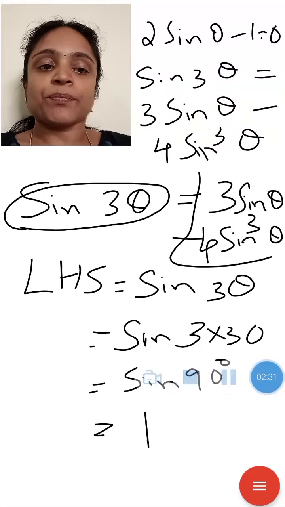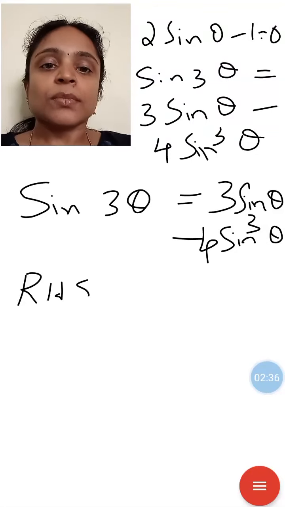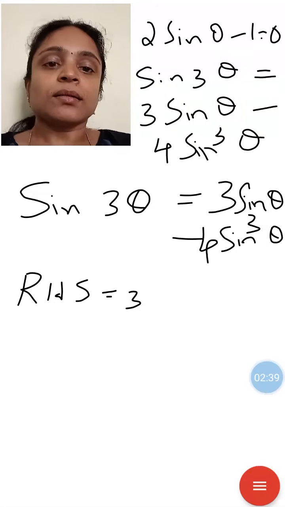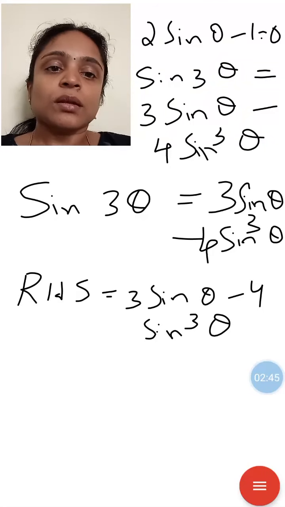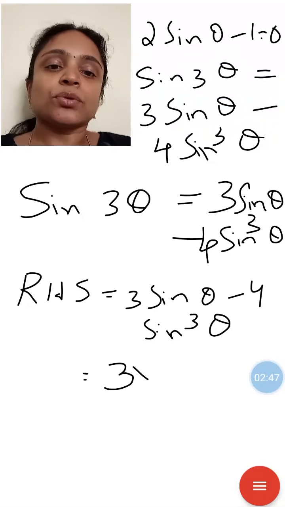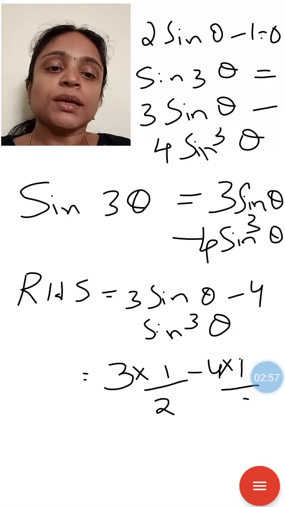Okay. Now, RHS equal to 3 sin theta minus 4 sin cube theta equal to 3 into sin 30, it is 1 by 2, minus 4 into sin cube 30, it is 1 by 2 whole cube, which is 1 by 8.